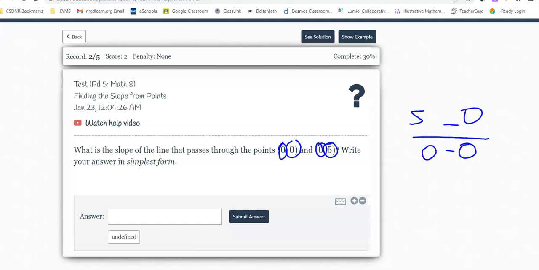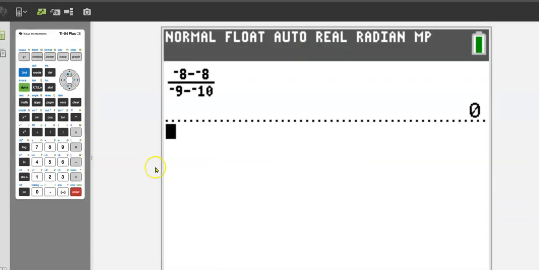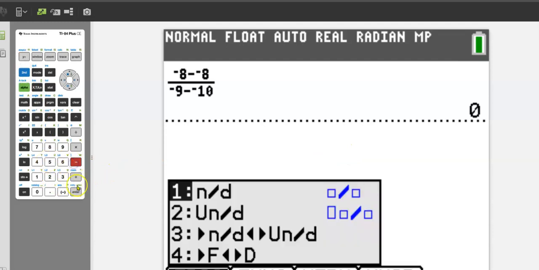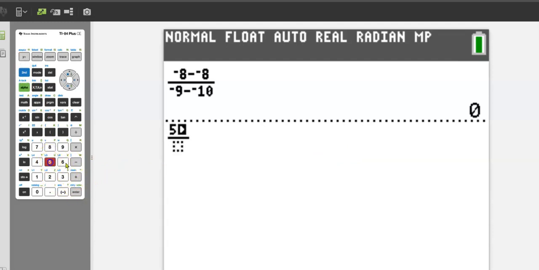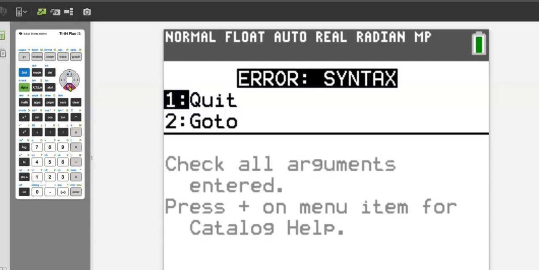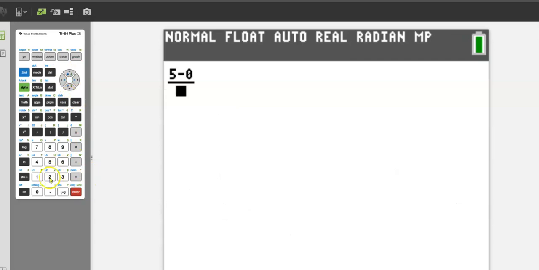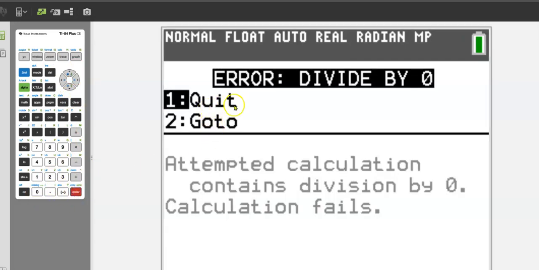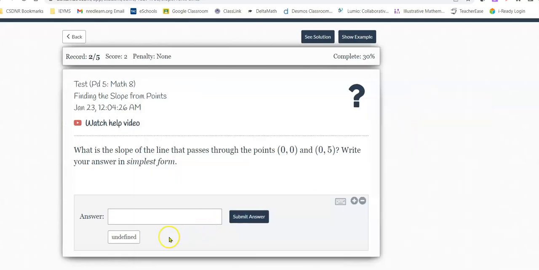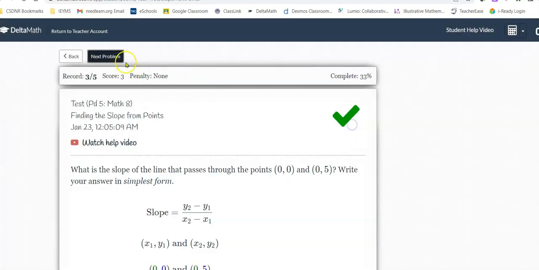And if you don't know how to do that and you're using a calculator, which for us would look like this, 5 minus 0, over 0 minus 0, and you'll see we get an error. Right? You can't divide by 0. Anytime you get an error, you know you're going to click this word, undefined.